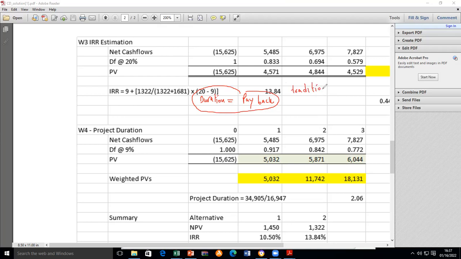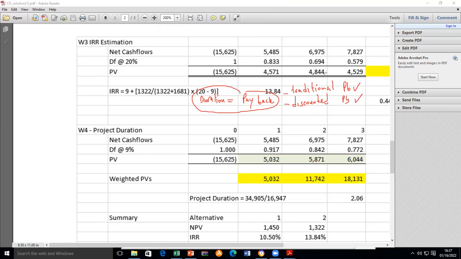Discounted payback. The only improvement we make is to calculate the payback using figures that have been discounted. So we have learned the traditional payback and discounted payback.